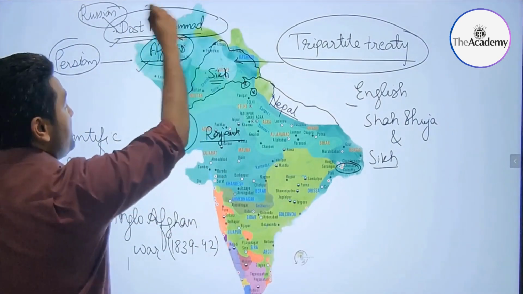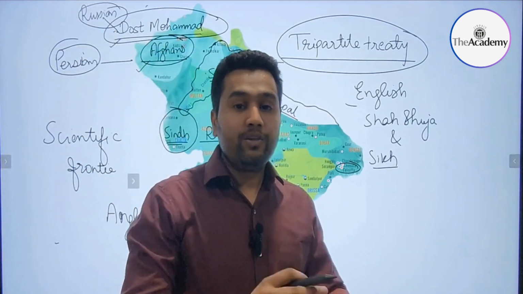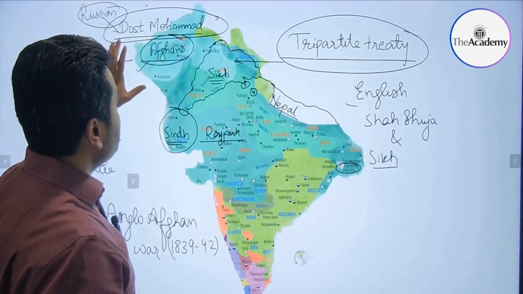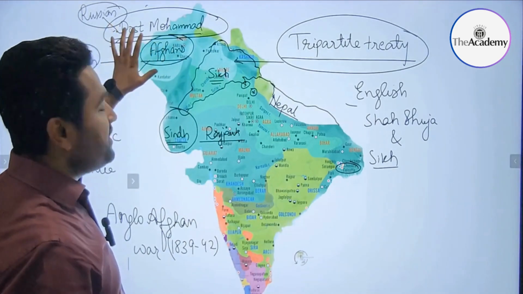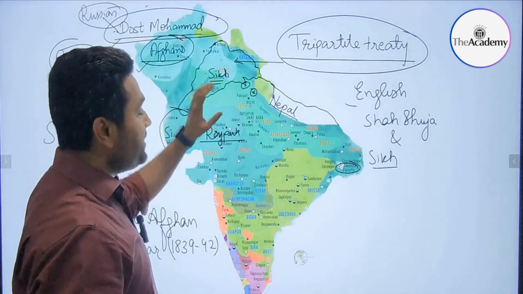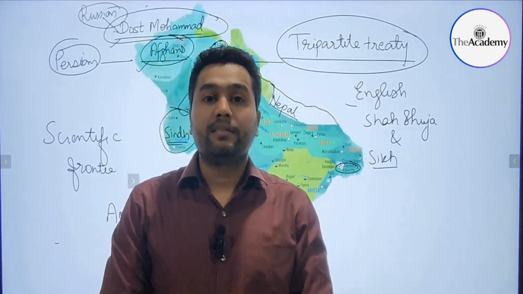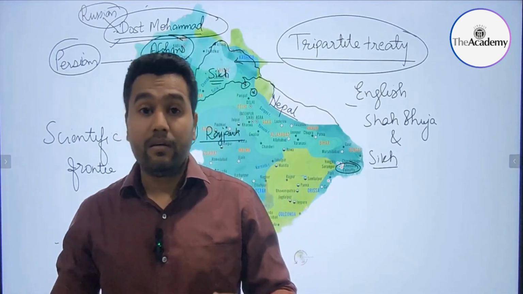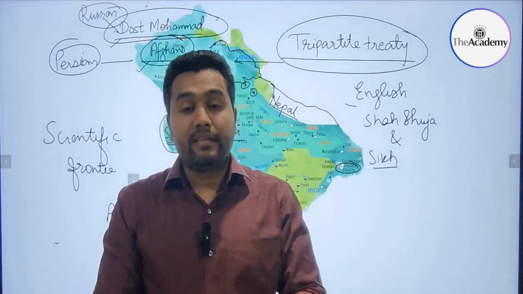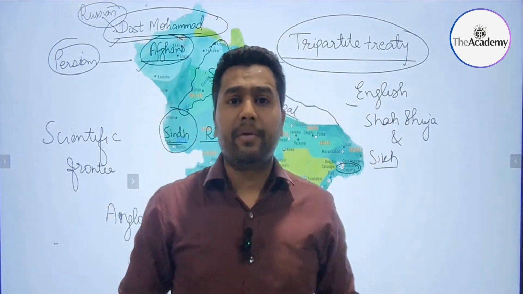Dost Muhammad was reinstated in Afghanistan, making sure that the entire region remains stable. Dost Muhammad claimed that he shall not entertain the Russians. Meanwhile, in 1839, when Maharaja Ranjit Singh died, there were succession crises. We see Kharak Singh and Nihal Singh, both of them dying, and the Sindhanwalia and Dogra factions contesting one another to become kingmakers.